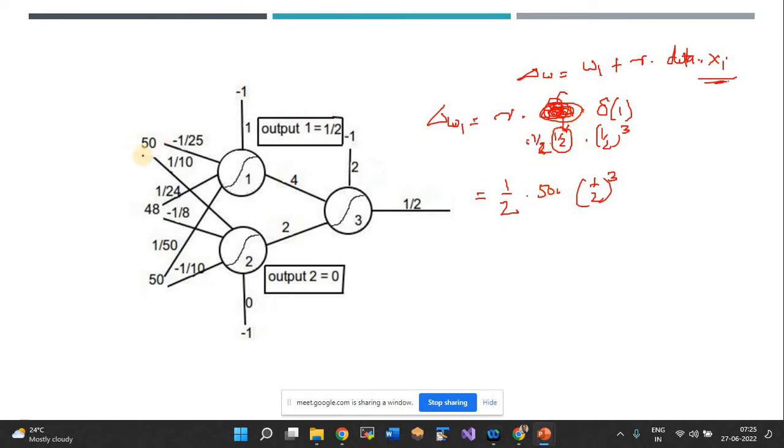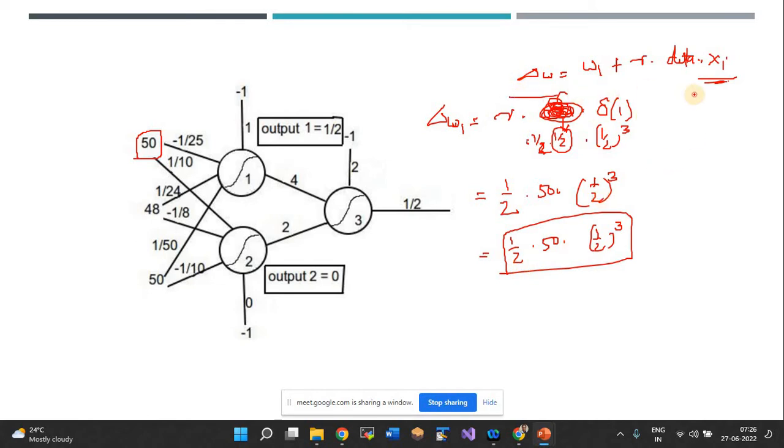So what was the xi over here? It was 50, isn't it? So this change in W1 was supposed to be half times 50 times half to the power of 3. So this was supposed to be the answer, not the other one which came. That was the reason I had to teach that part.